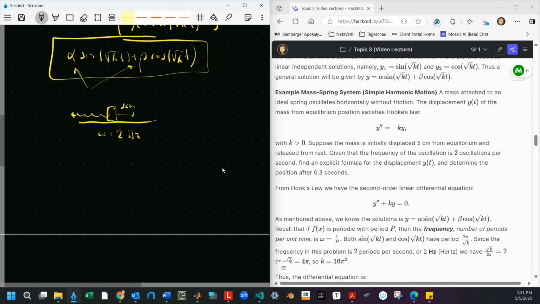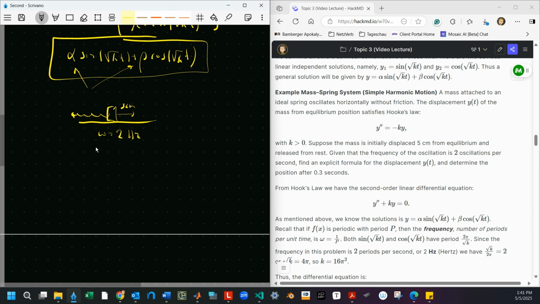Then we're just going to use the formula up here for solving it. This is a little bit different than what we were doing before, where I was doing a separation of variables to come up with a solution. Here we just know the solutions look like this. I'll put a little bit more theory to that in just a minute.